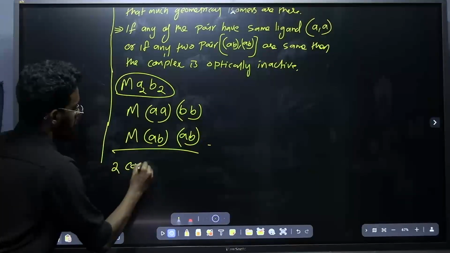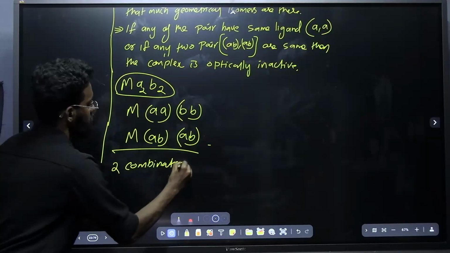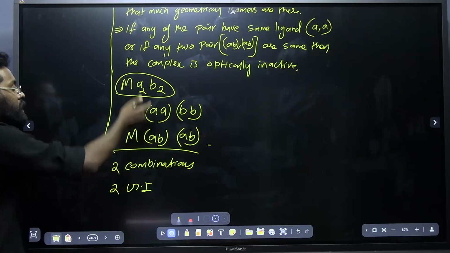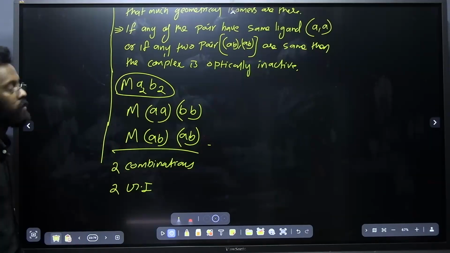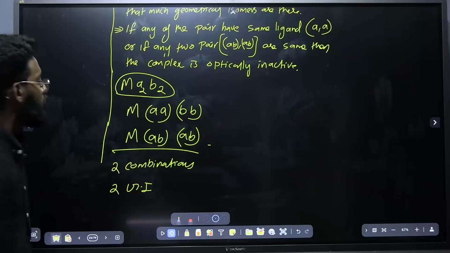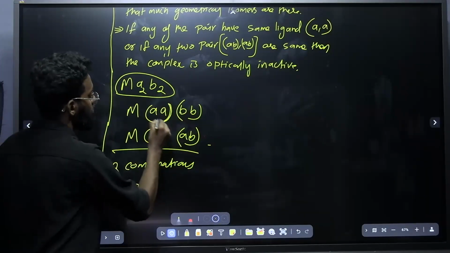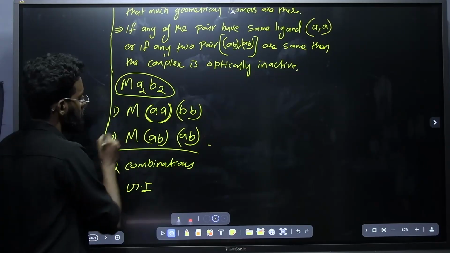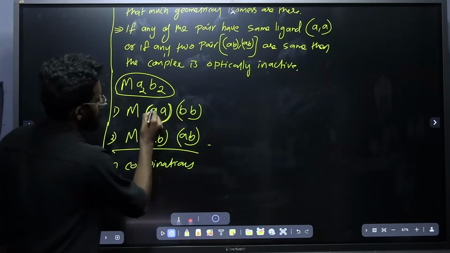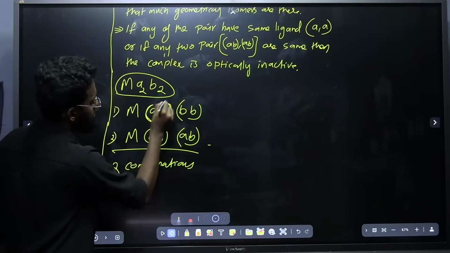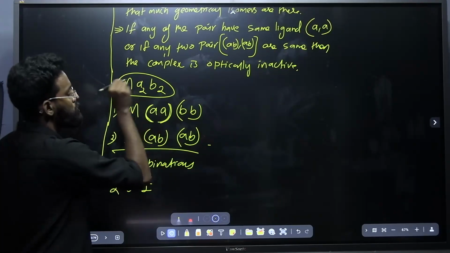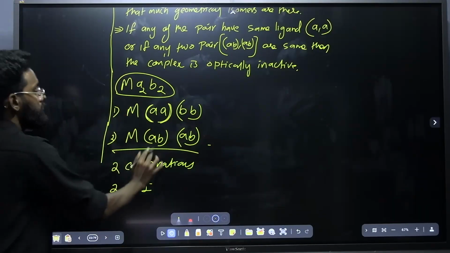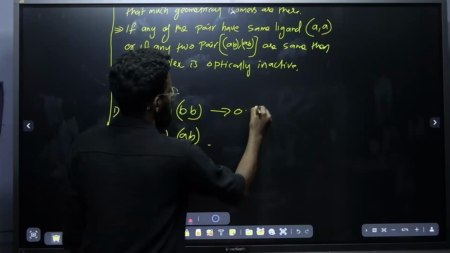2 combinations, so 2 geometrical isomers. Now among these 2, which are the optically active and which are the optically inactive? How we will be understanding that one? I said if any of the pair is having same ligand. See here, in the first geometrical isomer, it will be cis. In that you can see this pair having 2 same ligand. If there is a pair with 2 same ligand, then they will be optically inactive.